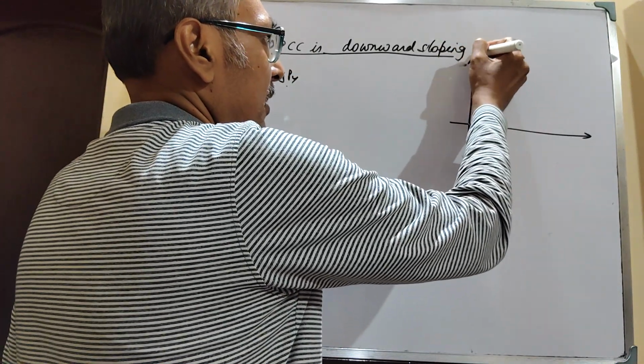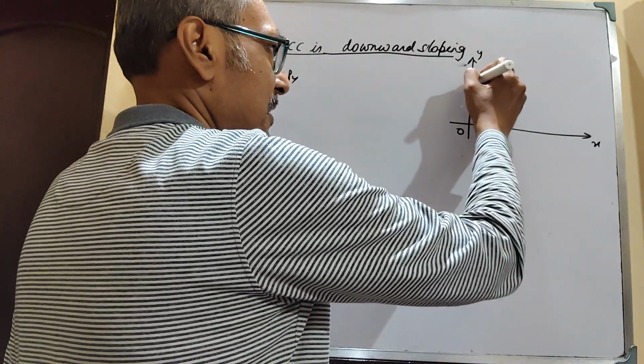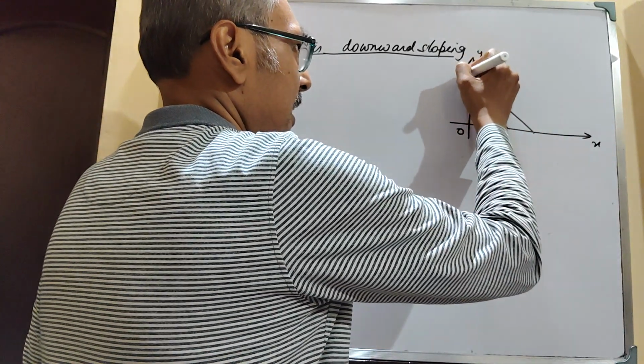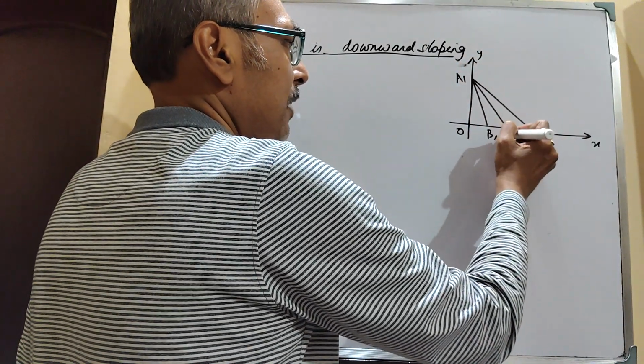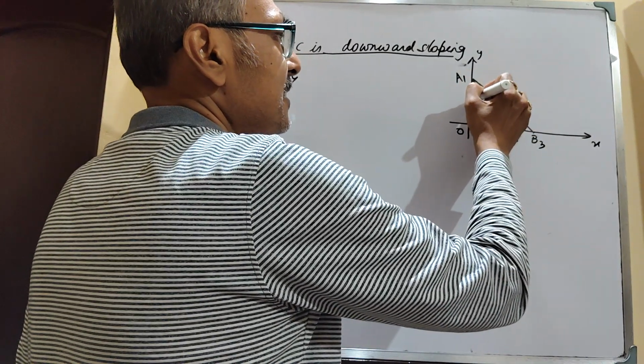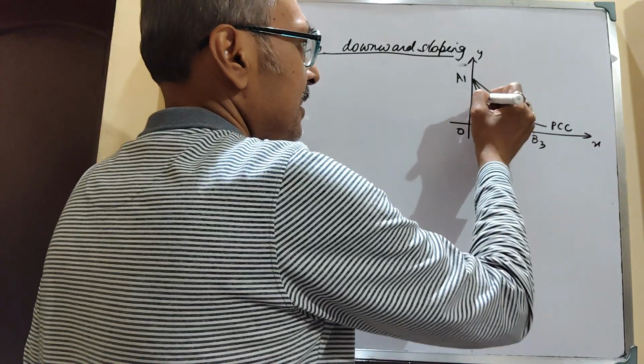This is Y, this is X, this is the commodity space. I am drawing the budget line A1, B1, A1, B2, A1, B3. PCC is downward sloping. The relevant portion of PCC looks like this.